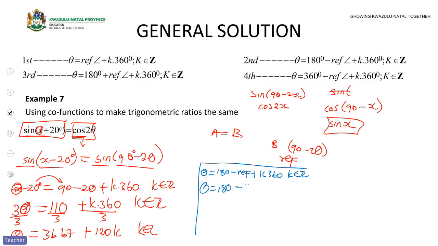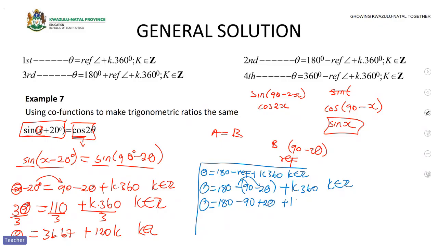Our reference angle is minus 90 minus 2 theta, plus k times 360, where k is an element of all integers. Then theta equals 180 degrees, negative times 90 is negative 90, negative times negative 2 theta is plus 2 theta, plus k times 360, where k is an element of all integers.